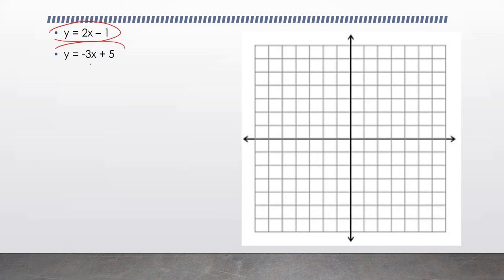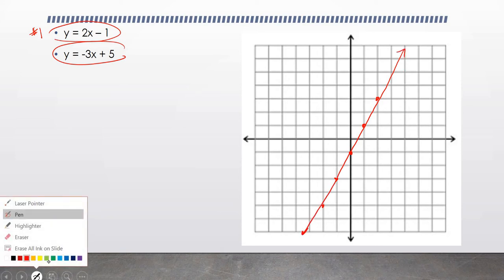So here are my two equations that make up my system. I'm going to graph line number 1, y equals 2x minus 1, using the y-intercept of -1, up 2 and to the right 1. You might want to count a couple slopes so that when you connect your lines, you make sure that you've got a nice straight line.